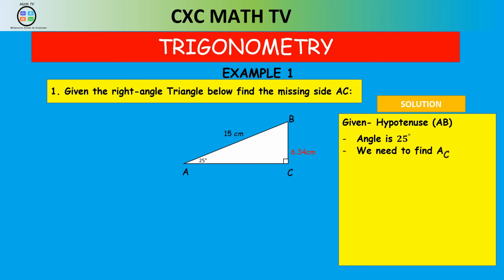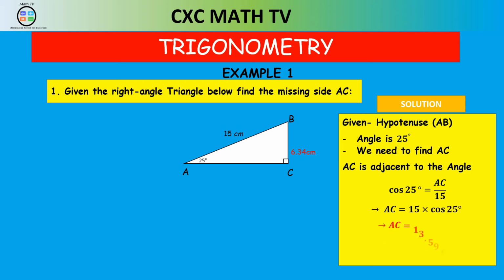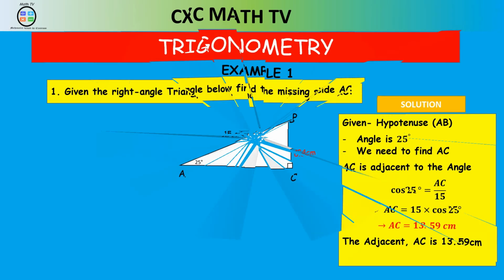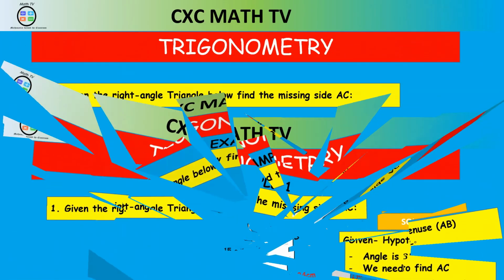So we say the cosine of 25 is equal to AC divided by the hypotenuse of 15. Making AC the subject, AC is 15 times the cosine of 25, and so AC works out to be 13.59 centimeters. Easy. Beautiful.